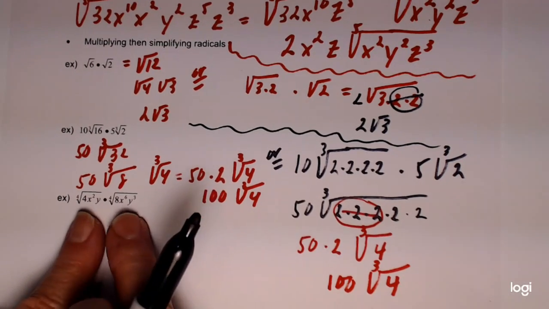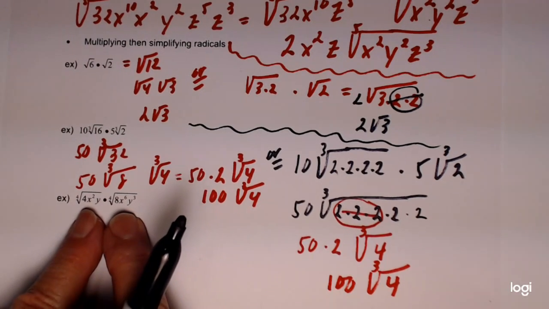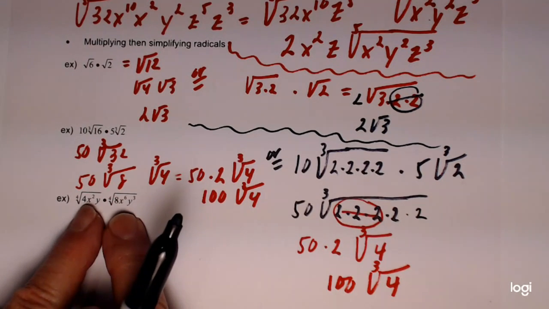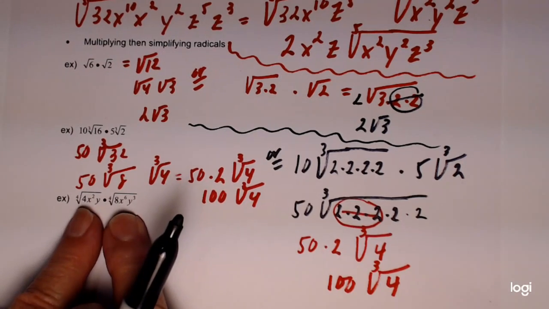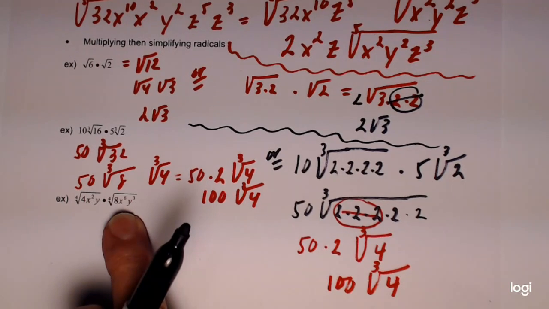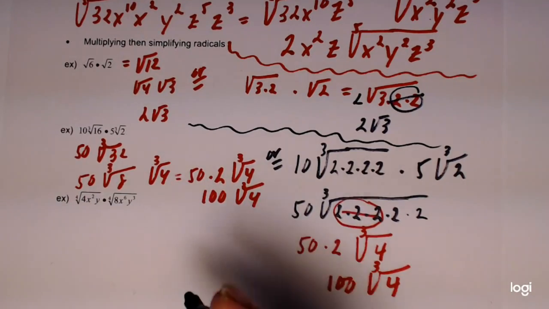When we have variables, I do suggest that you do the multiplication first and don't bother to factor. This will get a little bit cumbersome. So do the multiplication with the variables, and you'll be adding your exponents and then simplify from there.